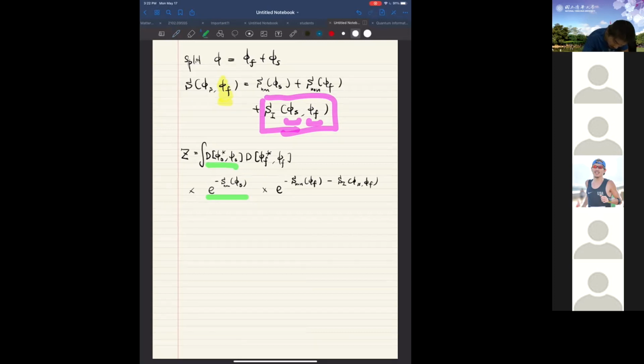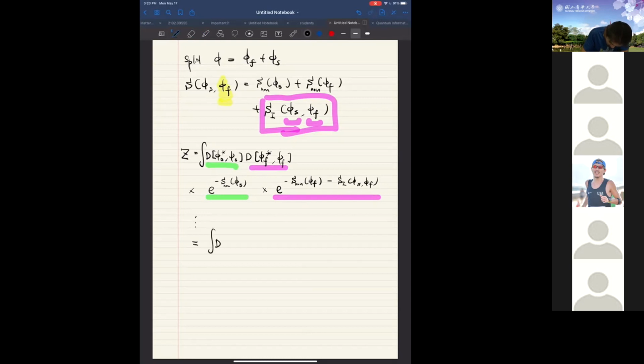So this is the part that we need to integrate out, right? We write down the action formally, and now we want to integrate out the fast modes properly.